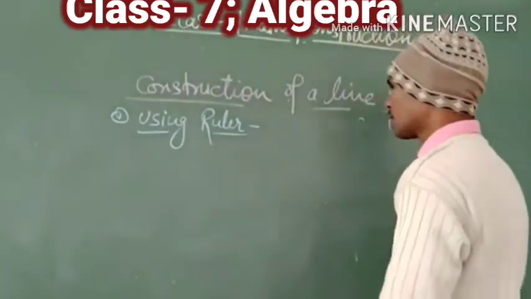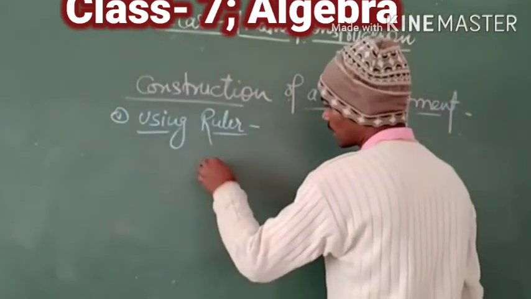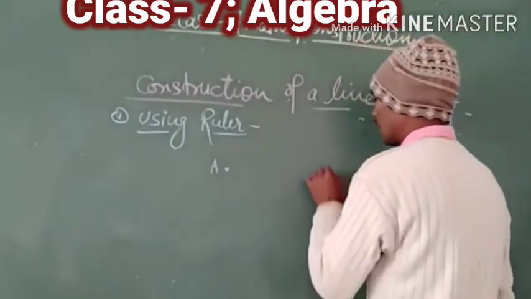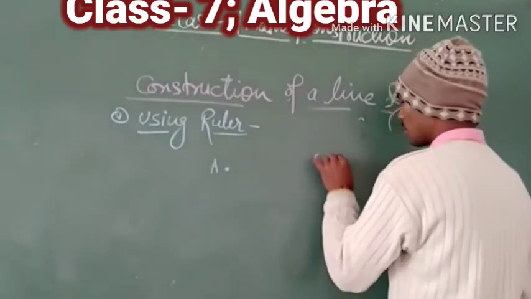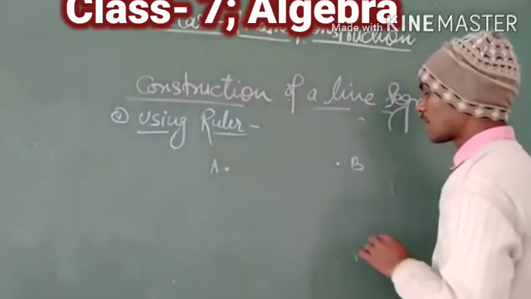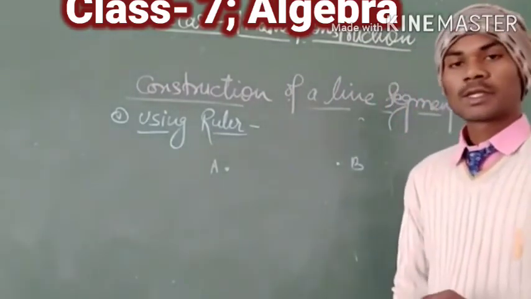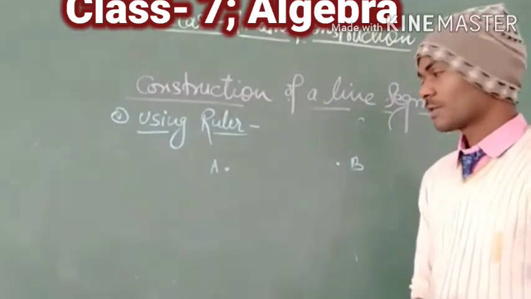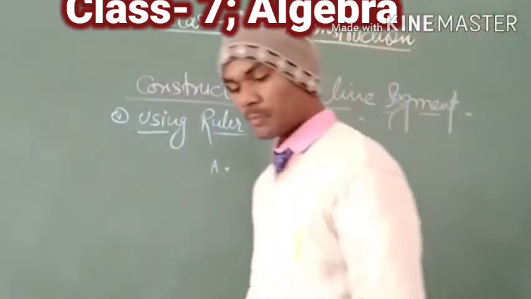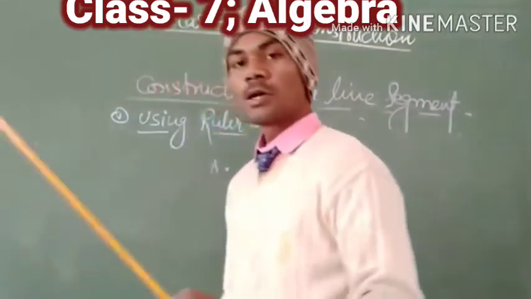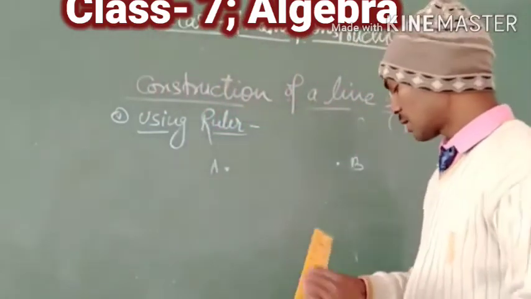Just suppose that 2 points are given, A and B, and we have to draw a line segment. So we have to place the ruler like this.